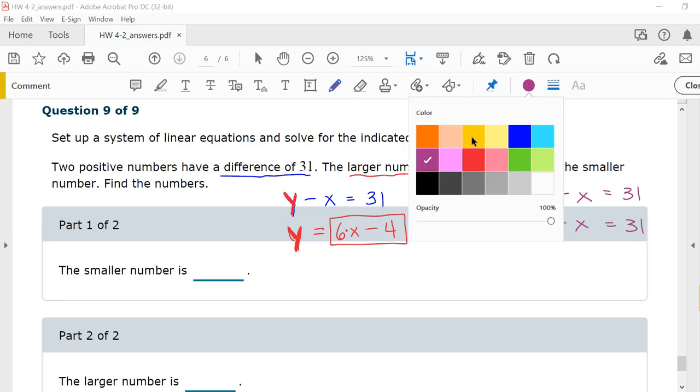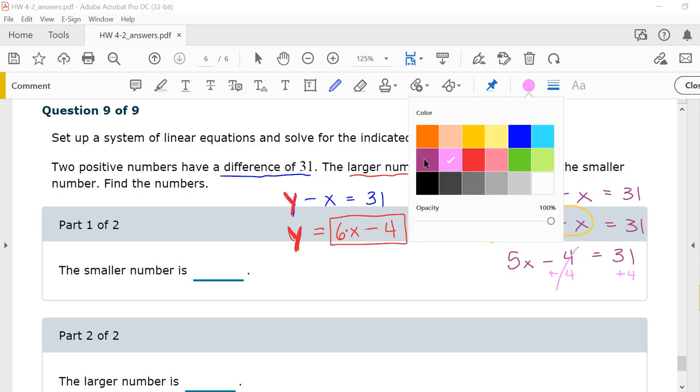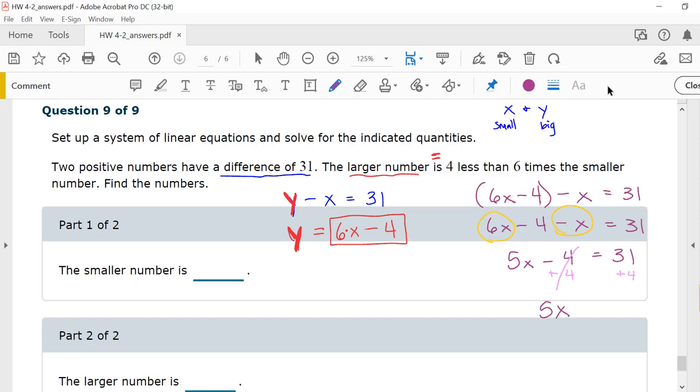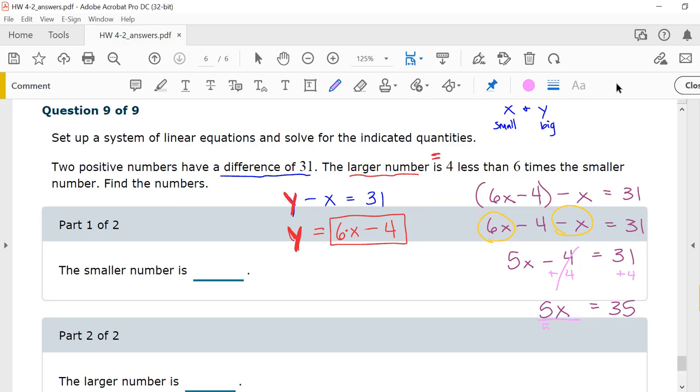Now I need to collect like terms. 6x minus x is 5x. 5x minus 4 equals 31. Add 4 to both sides. 5x equals 31 plus 4, which is 35. Divide both sides by 5. X equals 7. 35 divided by 5 is 7.